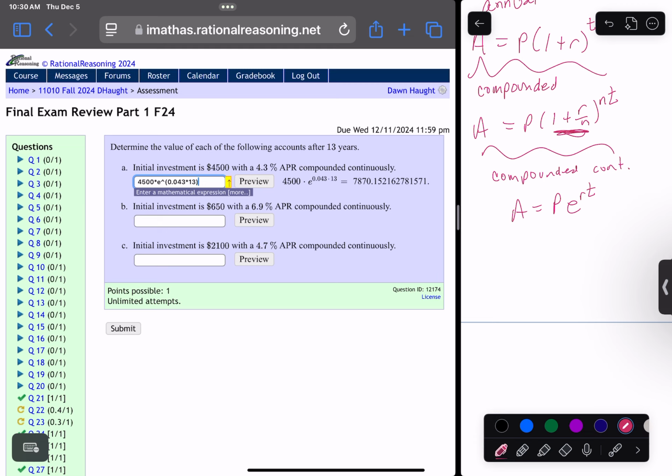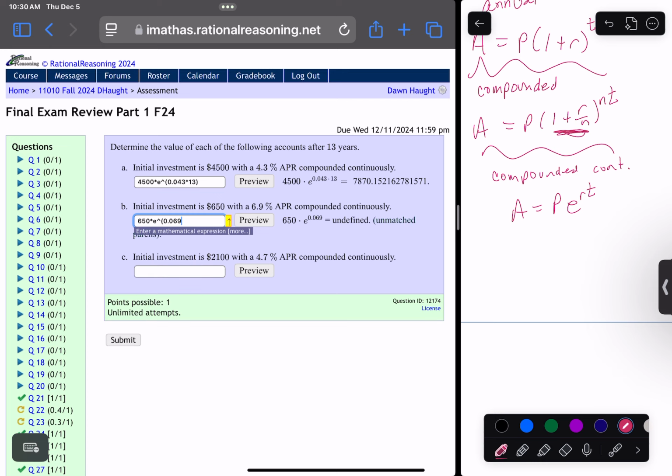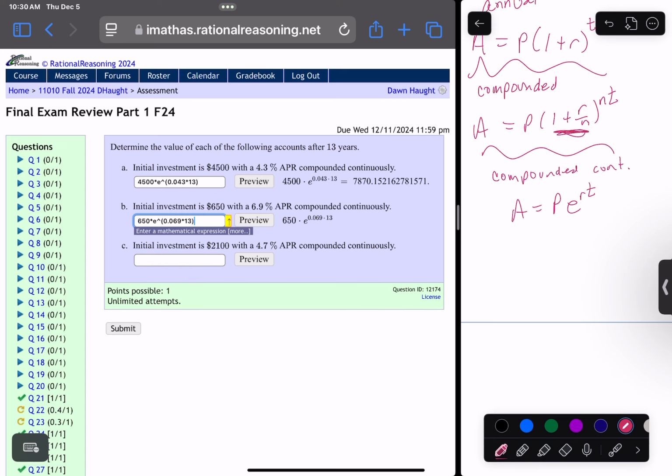That's it. 650 times e to a power of, in parentheses, 0.069 times 13. And then the last one, 2100 times e to a power of 0.047.